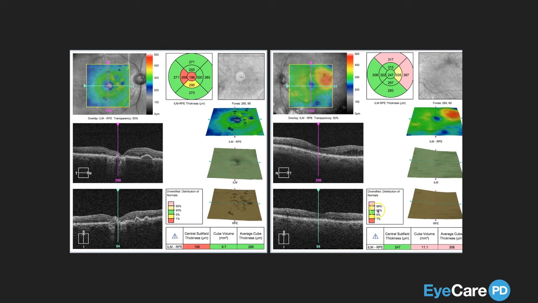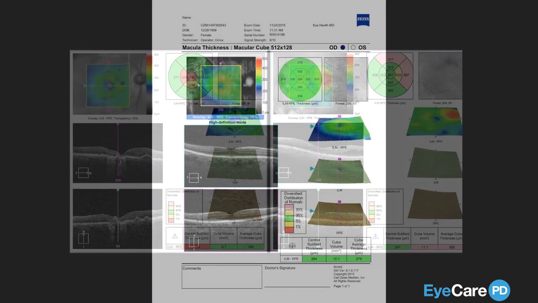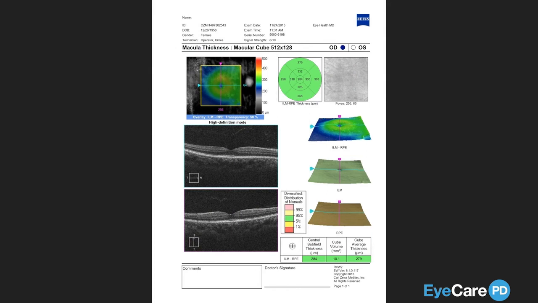They fall outside of that 95% range. So they're quite deviated from normal. Again, you're going to see a lot of information on your standard printout, and it's important to be able to understand which parts in terms of the colors correlate to which areas.